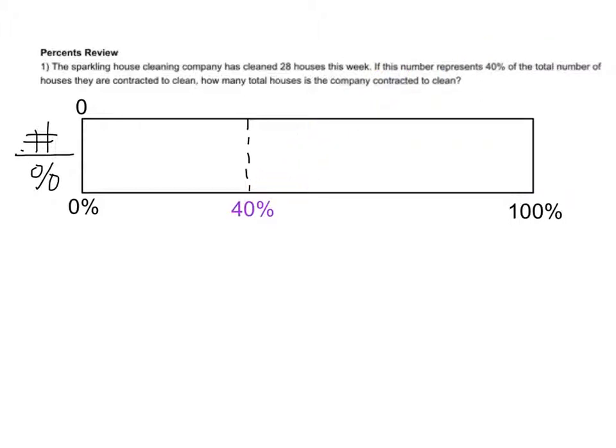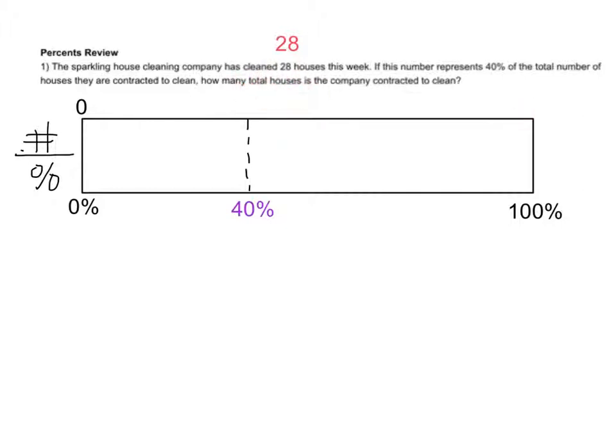Now I also want to try to figure out about this 28. I want to know, is 28 the total amount of houses, 100%, or is it part of the houses? Well, since I'm trying to see how many total houses, I know that my total houses is 100%.